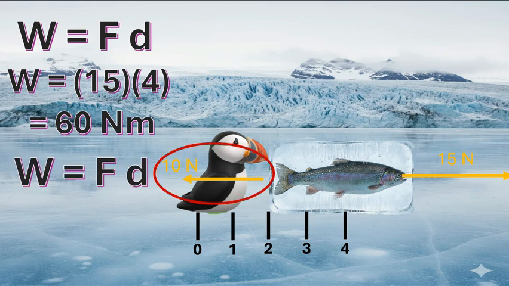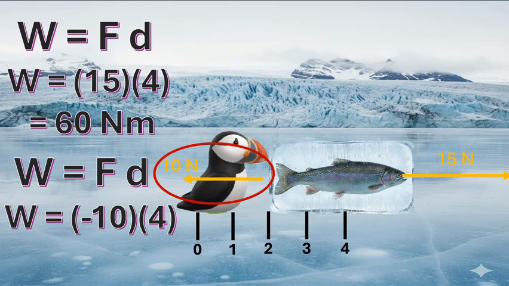Right, but also there was a 10 newton force of friction still, and that force was applied over those 4 meters in the opposite direction. So that would be negative 10 times 4, or negative 40. All right, so will the net work be 60, will it be negative 40, or is it going to be something else, okay?